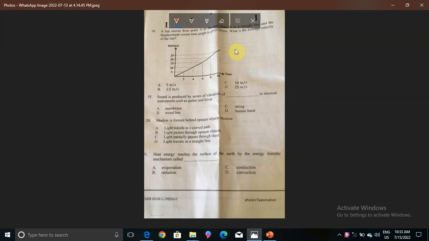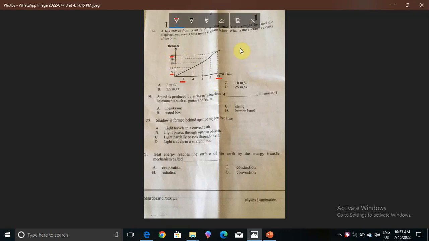First of all, what we have here: time initial 2 and time final 10, and the distance of 5 and 25, which is initial and final.